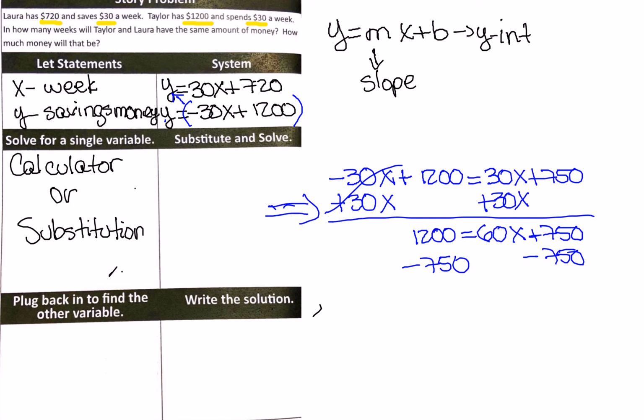I'm sorry, this is 720, it's not 750. This is 720. So it's minus 720 on both sides. So those two will simplify, and 1200 minus 720 is 480.